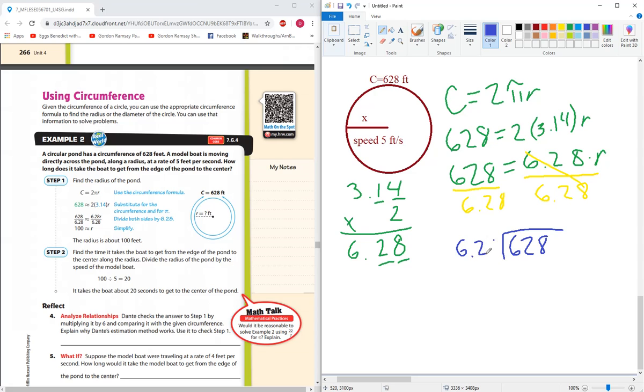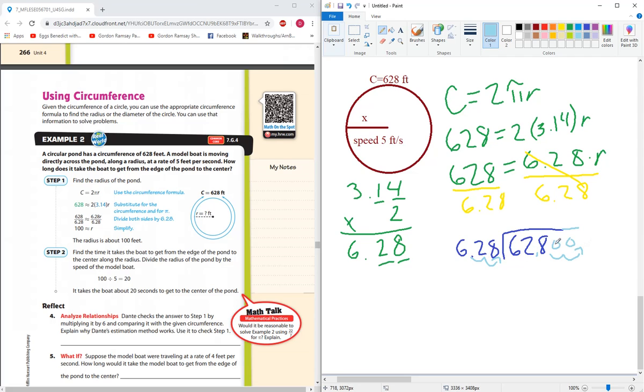Remember, when you're dividing decimals, the number one thing you do not want is a decimal on the outside. So what we're going to do is turn it into a whole number by moving the decimal 2 places to the right. So whatever I do here, I'm going to do here, 2 places to the right.